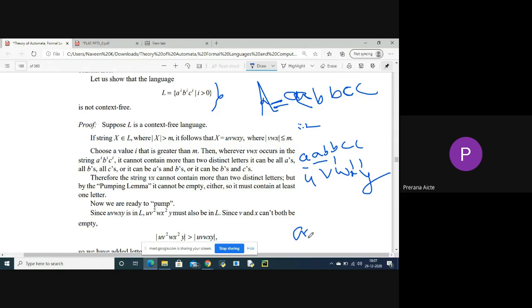If i is equal to 2, it is a b b c c c. So it does not belong to the language. So the given grammar is not context free.